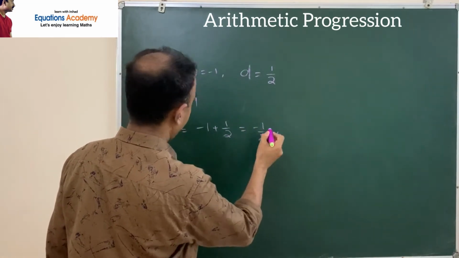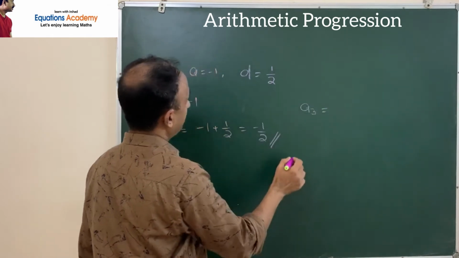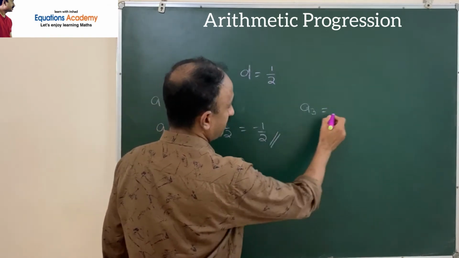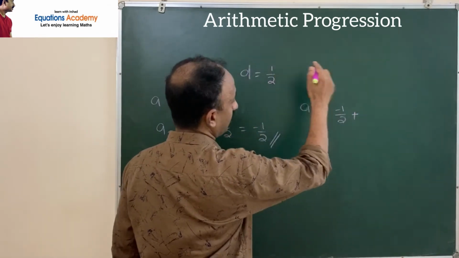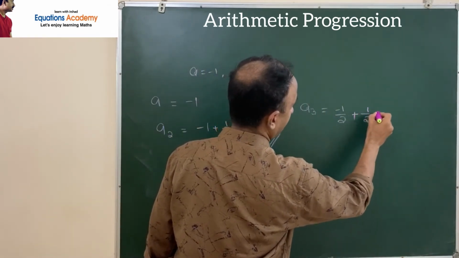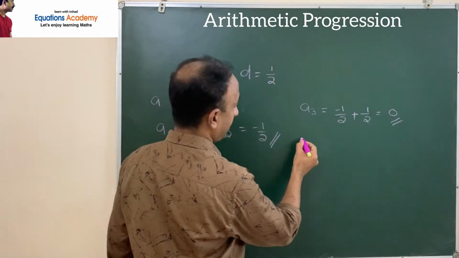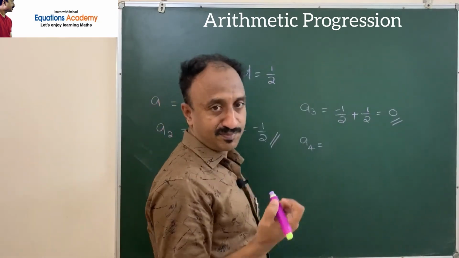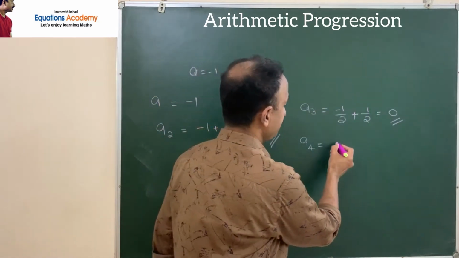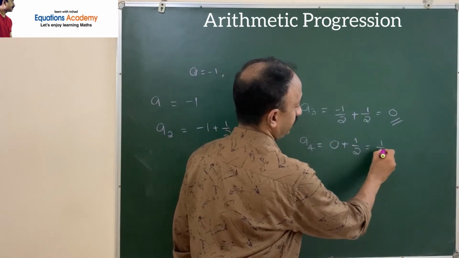This is the second term. Third term a3: the second term is minus half, plus the common difference half, minus half plus half equal to 0. This is the third term. And the fourth term is equal to third term plus the common difference, third term is 0 plus the common difference half, it is equal to half.